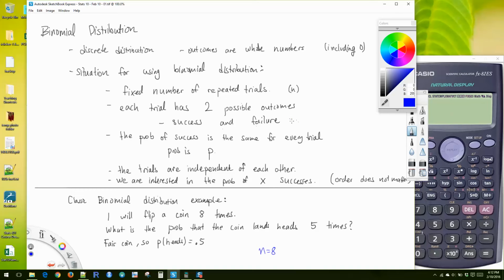So that checks out. The probability of success is the same for every trial? Yes, every time we flip the coin, it has a probability of 0.5 of landing heads. So P is 0.5. The trials are independent of each other? Yes, that's how coin flips work. And we are interested in the probability of X successes. So in our case, we want to know the probability that we get X equal to 5 heads out of 8 flips. Okay, is that okay?